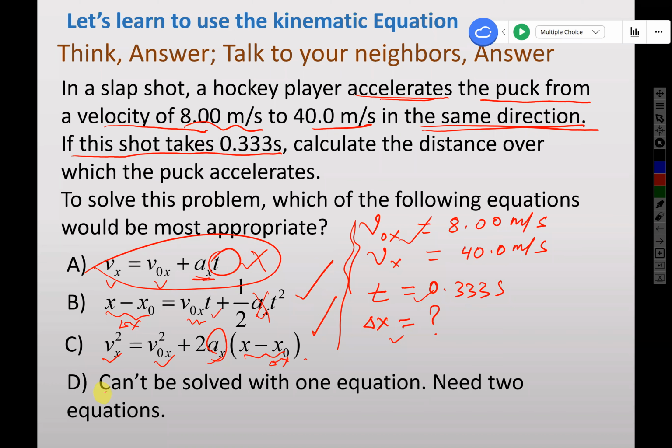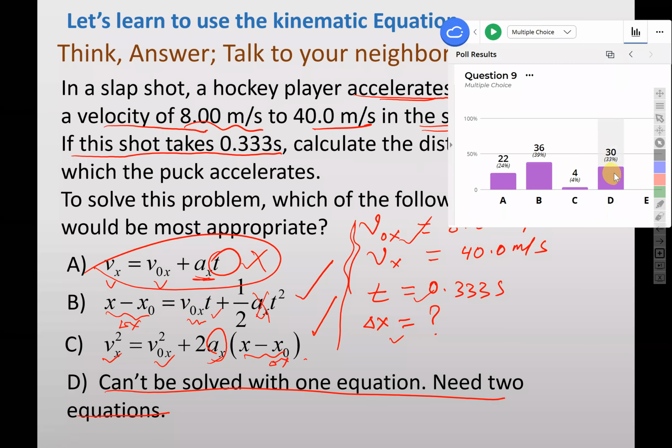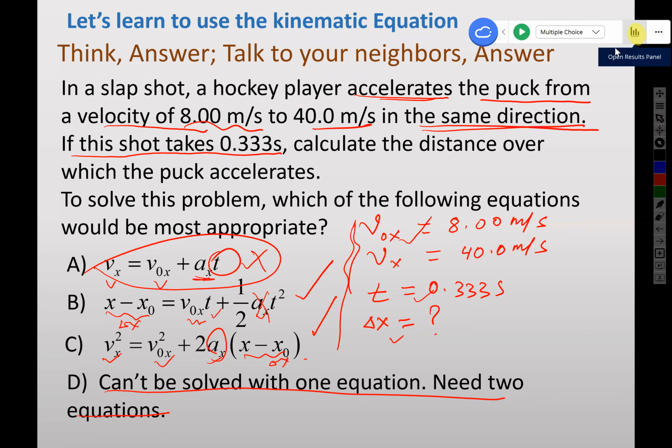So that means that has to be the correct answer in this case, okay? So that's how we use equations. Many of you thought, okay, B is the correct answer. Yes, that's what it looks like. There is delta x, good, but we don't have acceleration. That was the problem, okay?